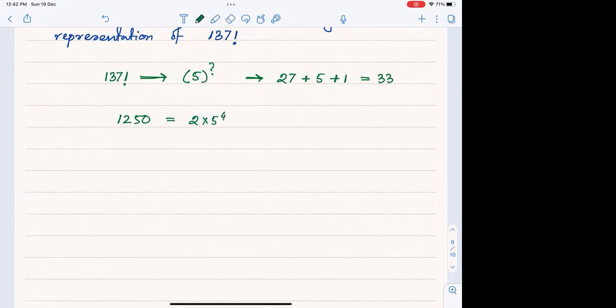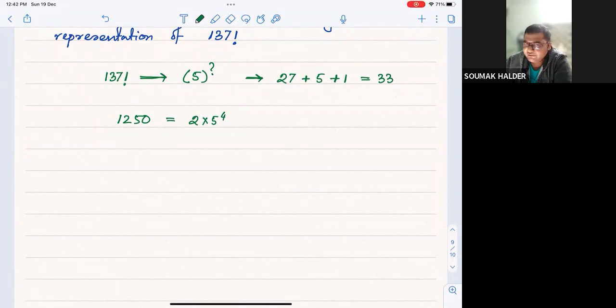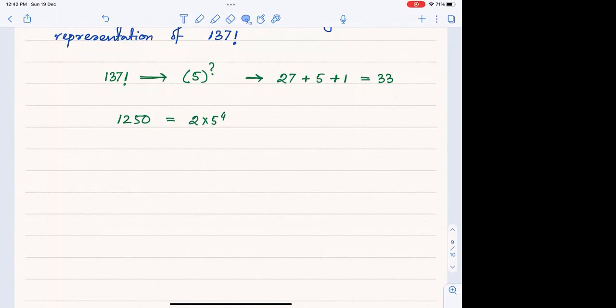So 5 has a higher power than 2, but definitely it's not of n factorial stature. An n factorial is the product of the first n natural numbers, so the primes appear sequentially. So a smaller prime will definitely not have less frequency than a greater prime. I'm saying not less because they can be equal.